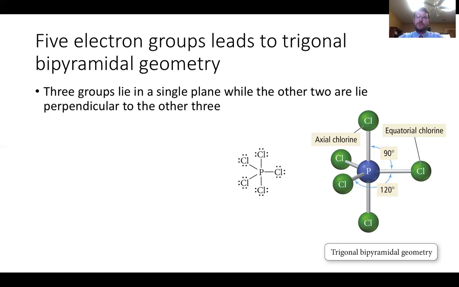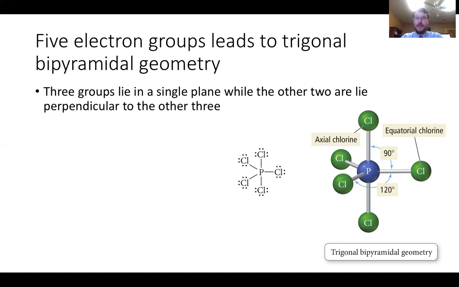If I were to rotate this molecule, phosphorus pentachloride, and tip it on its axis so you were looking straight down the top chlorine bond, what would you see? I want you guys to think about that. Exactly. You would see a trigonal planar, right?